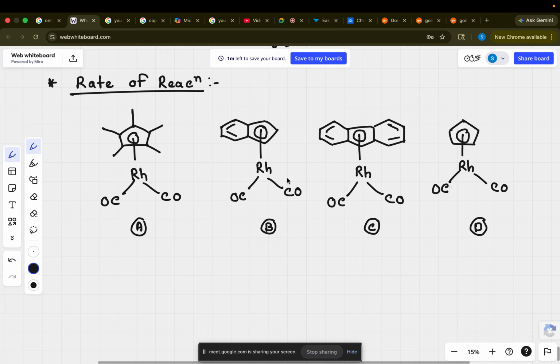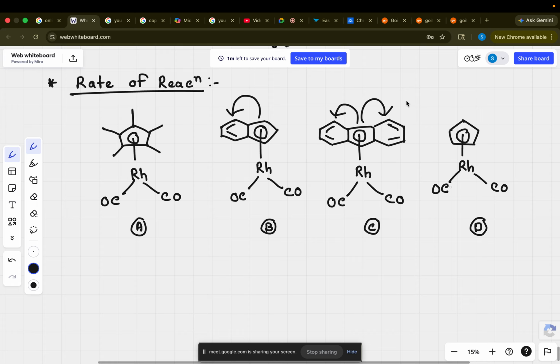If you see compounds A and D, basically this 5-membered ring is aromatic, here this is also aromatic, but here an annulation effect is present. Here a double annulation effect is present.